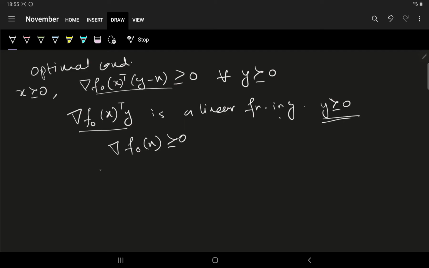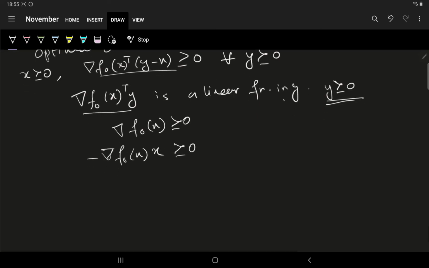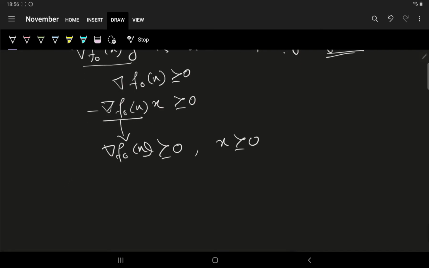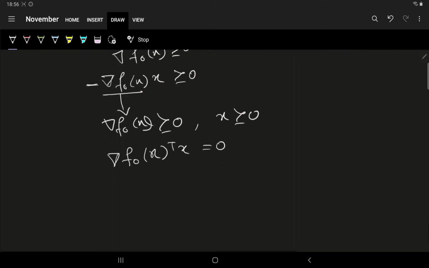So we can reduce this condition. This can only be possible if, with the negative sign there, del of f naught of x is actually equal to 0.